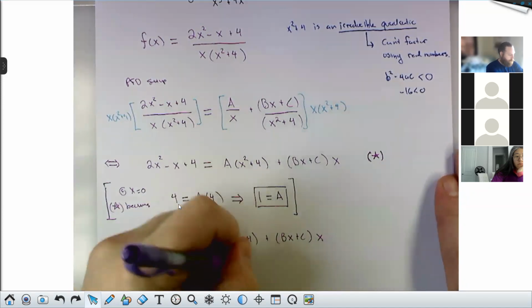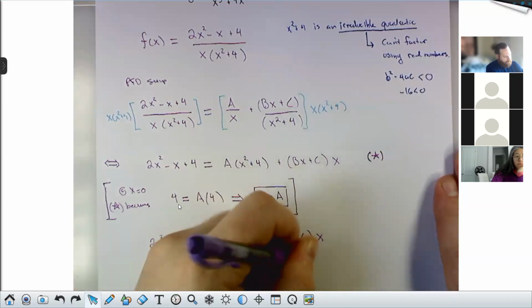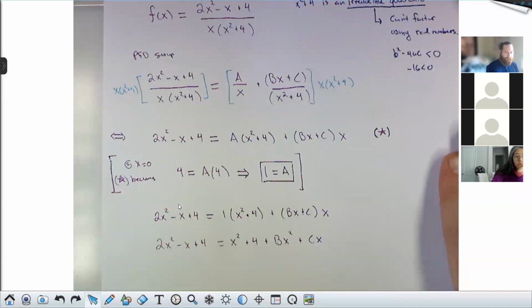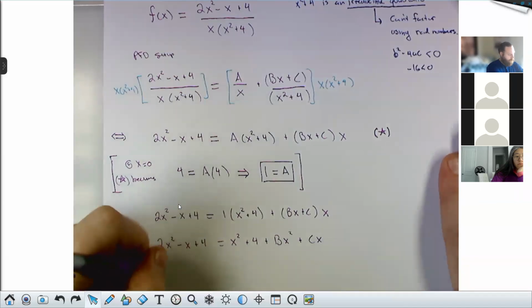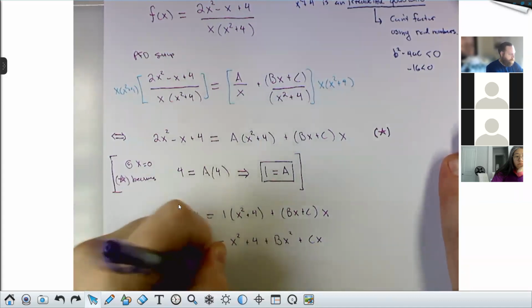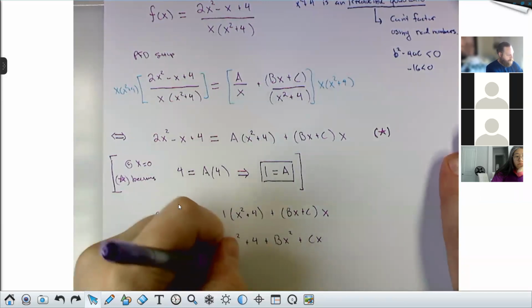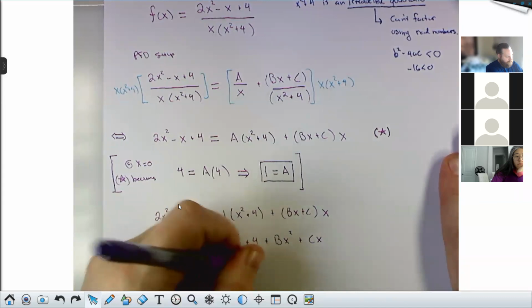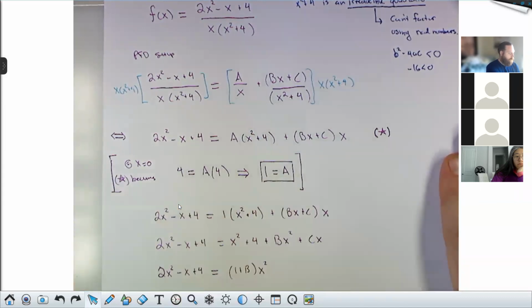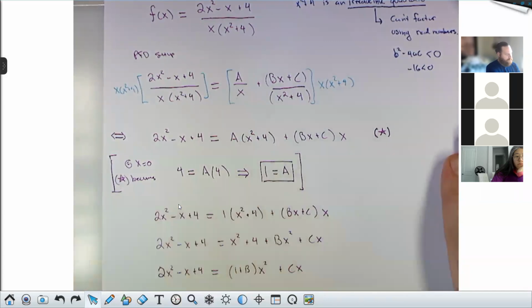So I'll have x² + 4 + bx² + cx. Now I'm going to collect the x² terms together. I've got 1x² and bx² here. That's (1 + b)x². I only have the single x term, that is cx, and then I have the constant term here, 4.